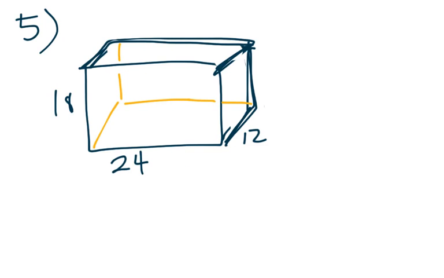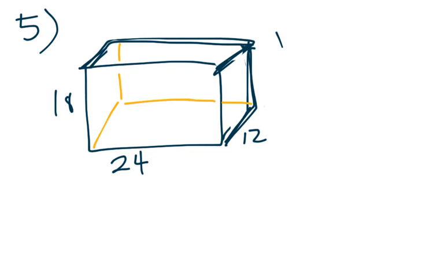So number 5. Kelly has a rectangular fish aquarium that measures 24 inches wide, 12 inches deep, and 18 inches tall. What is the maximum amount of water that the aquarium will hold? Since we're talking about the insides of this rectangular prism and not the outside, if it were the outside, we would do surface area. Since we're talking about how much this box can hold, we're doing the volume.